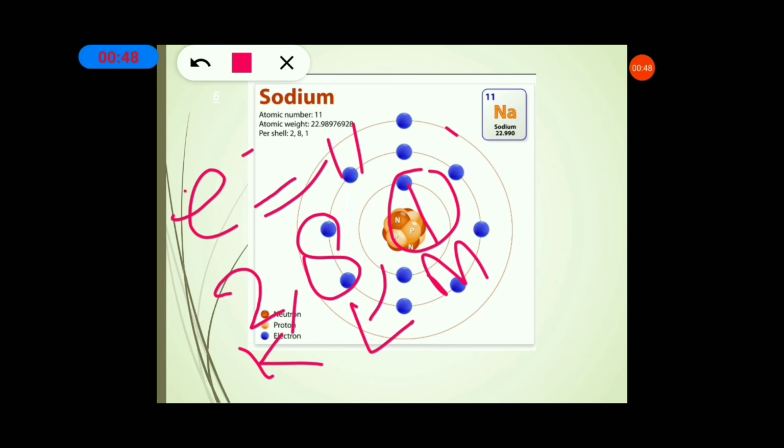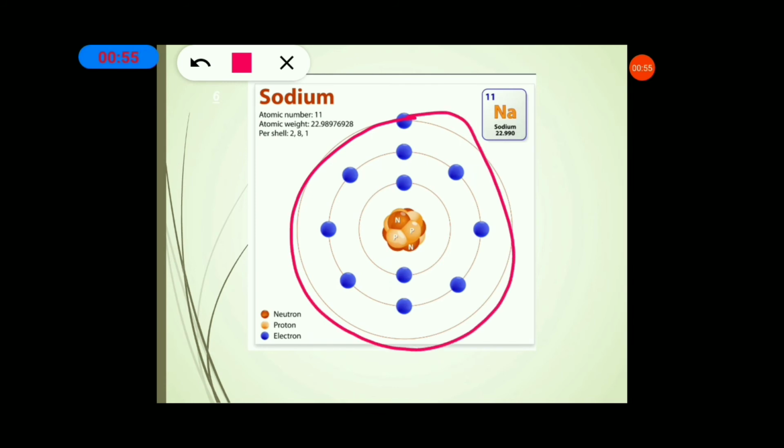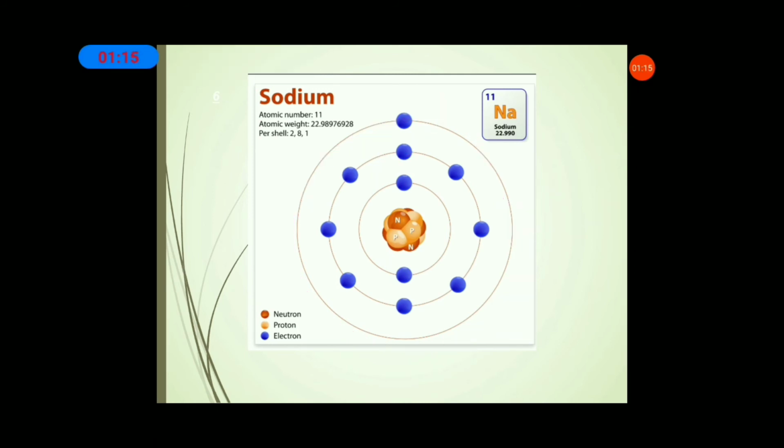So which is the outermost shell? The outermost shell in the case of sodium is the M shell. The M shell is the third shell, which is the last, because the number of electrons is only 11. According to that we fill the electrons, and the last shell is called the outermost shell.